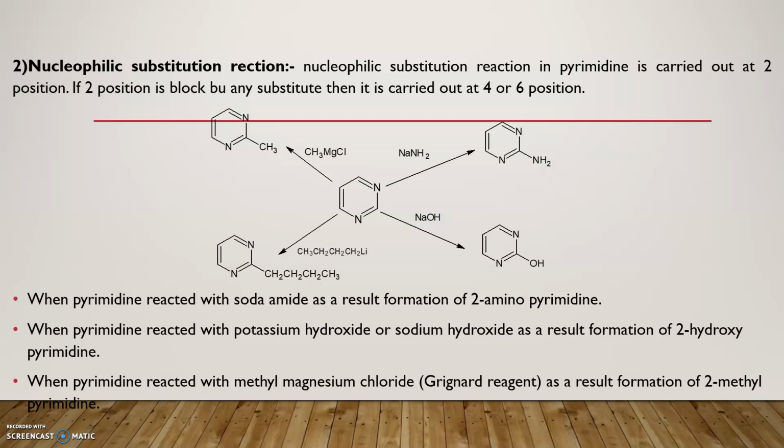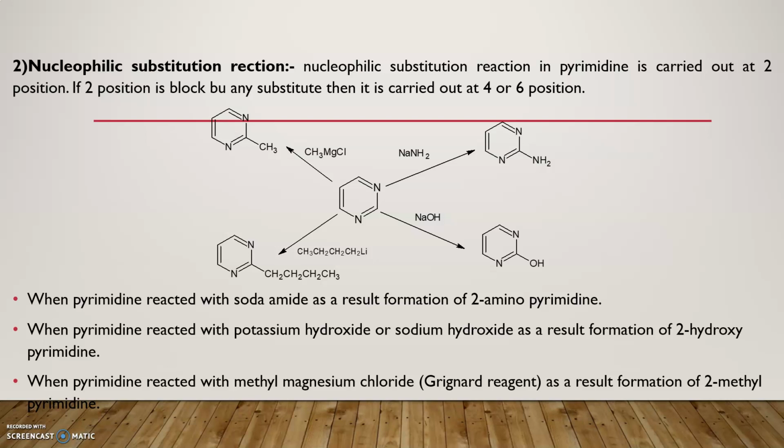The fourth nucleophilic substitution reaction of pyrimidine is when pyrimidine is reacted with n-butyl lithium, resulting in formation of 2-butylpyrimidine. These are the nucleophilic substitution reactions of pyrimidine.